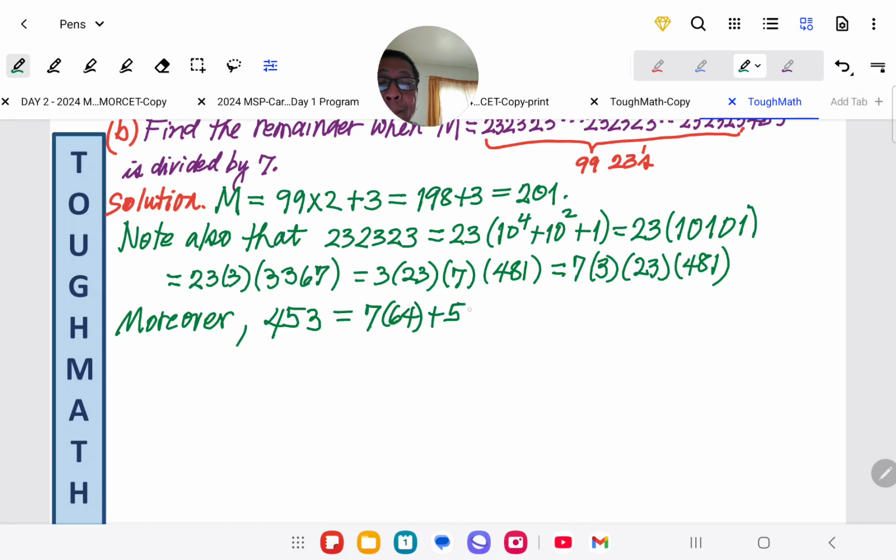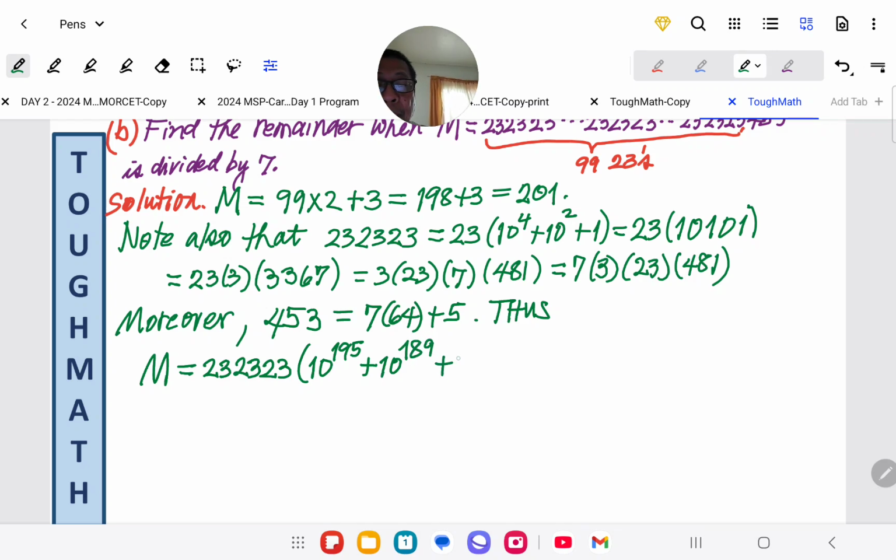Now, thus m is actually equal to 23 times 10 to the 195, and then minus 6, that's 10 to the 189, and then minus 6, that's 10 to the 183, and so on.